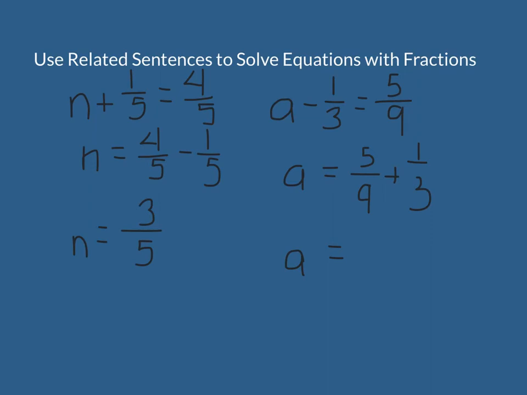So 3 I know goes into 9, so let's just change that one. So times 3 and times 3. 3 times 1 is 3. So we have 5 plus 3 equals 8/9. So that's another way that you can find the equations when you're working with fractions.